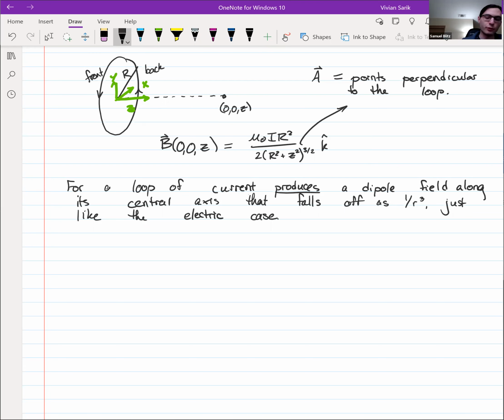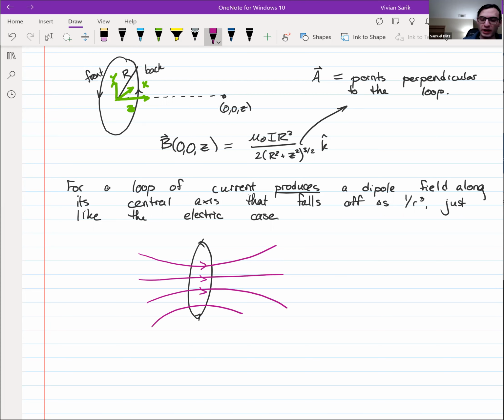So if we were to actually try to draw the magnetic field around a loop of current, kind of more generally, it would look something like this. So you have a magnetic field through the center, and then it would go like that, and like that, and like that, and so on.